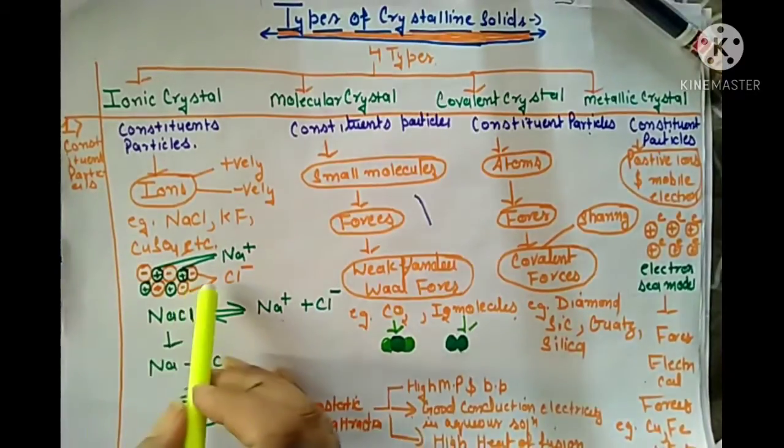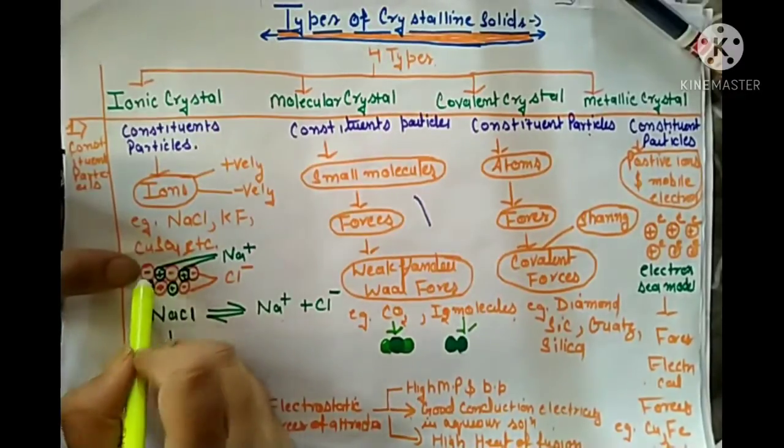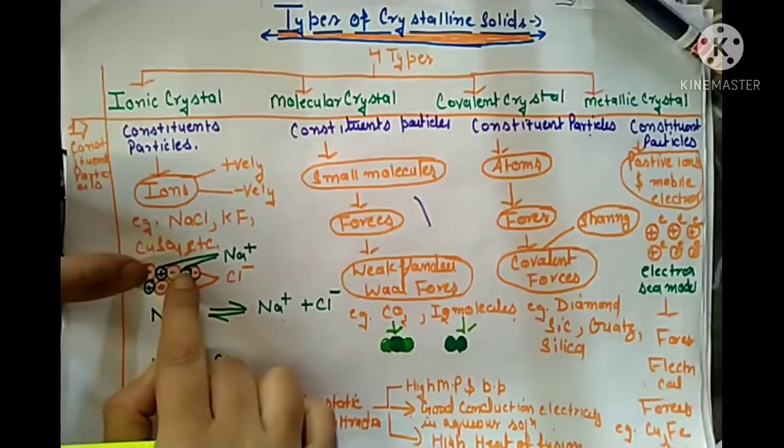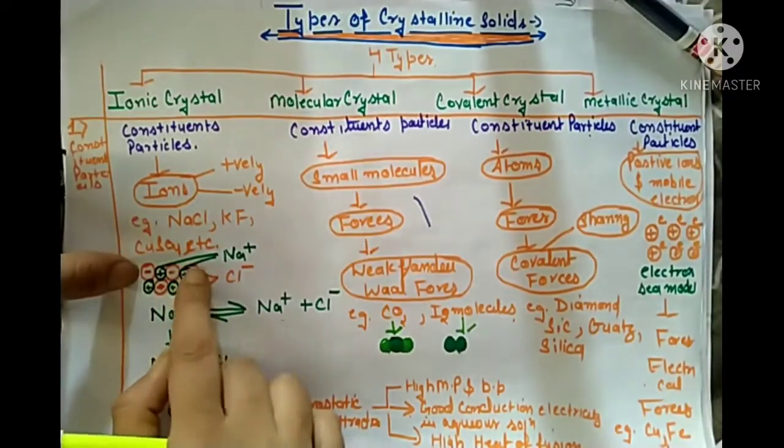So, here the arrangement of particles is like this. Na positive is smaller in size and chloride ions are larger in size.